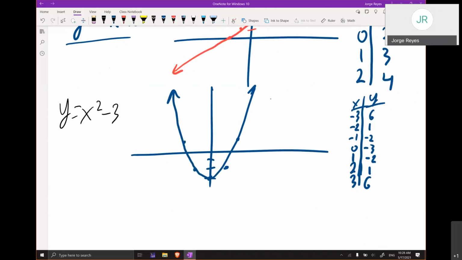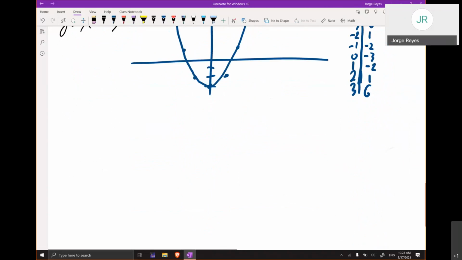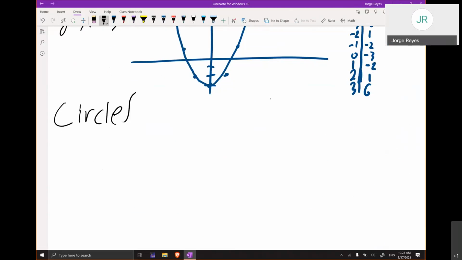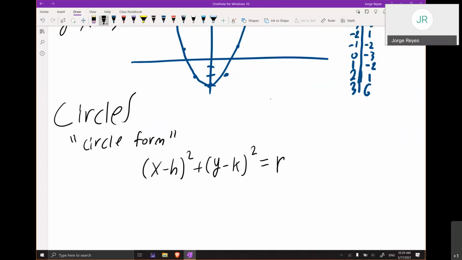Moving on to the other important part of this section: circles. We need to know about circles. The first thing is what I'm going to call circle form. A circle has something called standard form, which I'm going to call circle form. It will look like this: (x minus h) squared plus (y minus k) squared equals r squared.